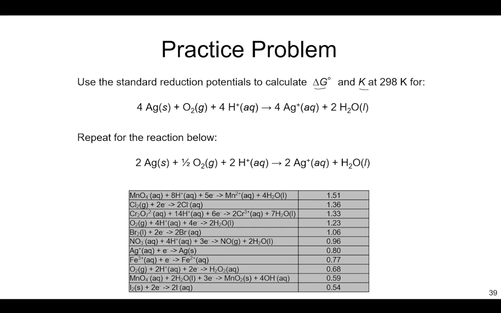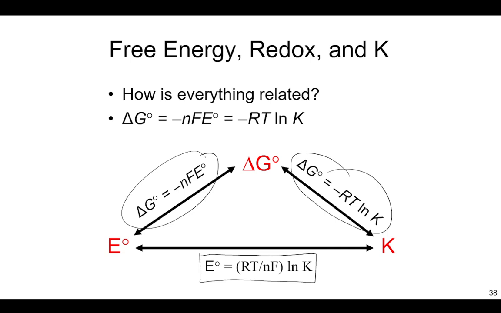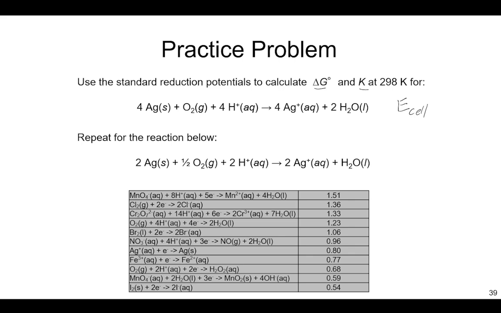Okay, so feel free to pause the video here, try to calculate E cell for this given reaction like we've done in previous videos using that reduction table down below. And then you can use the pertinent equations here to turn that E into a delta G or turn that E into a K. So feel free to try that now before I solve it.